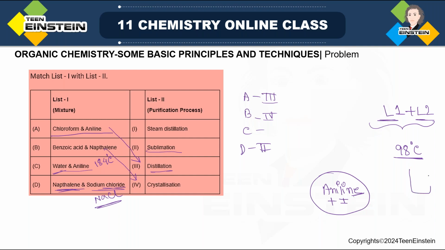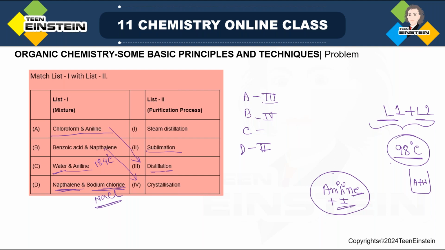And you will get a mixture of aniline and water. Now in this aniline and water, they will form immiscible layers. You can easily separate them in a separating funnel. But impurity in this way we can remove from aniline. Because they form an azeotrope, that is why we can use steam distillation for water and aniline.